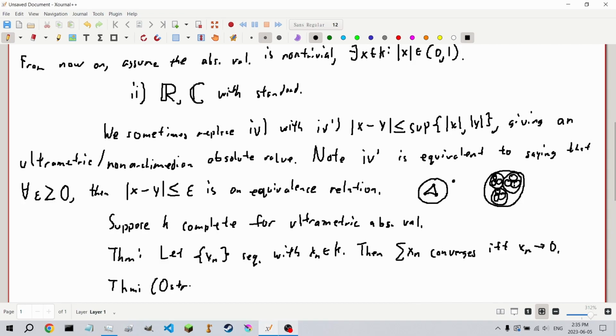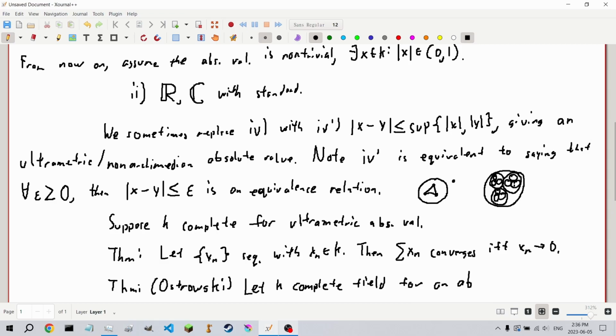Ostrowski's theorem. This is what I was alluding to earlier, where these three examples, the trivial, the standard on the reals and complex numbers, and this ultrametric, are the three cases you normally look at, and this is why. So we're going to let K be a complete field for an absolute value.